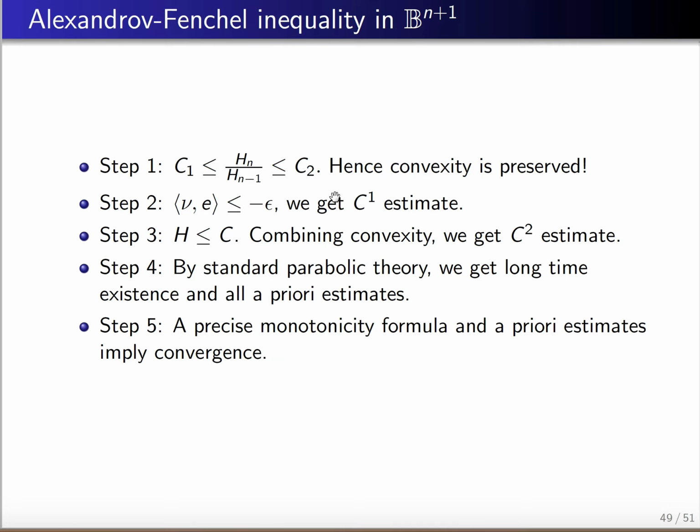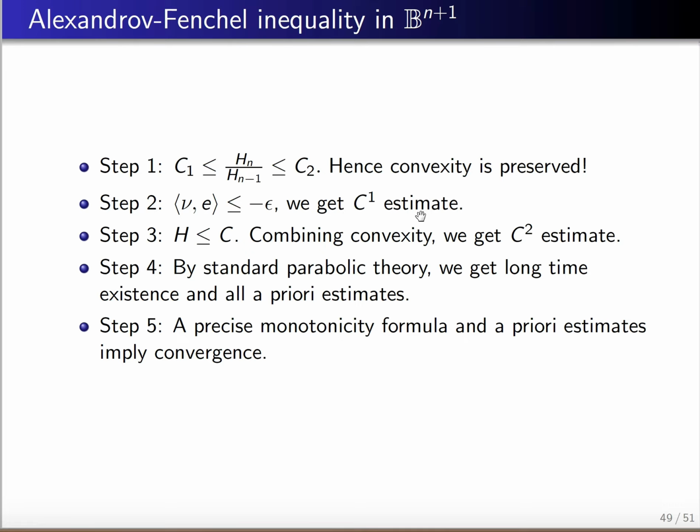Then we can use the proof for fully nonlinear curvature flows, and you need to prove the curvature speed is bounded. Then you get that convexity is preserved, and then you prove that the inner product of nu and e is bounded above by some negative constant.